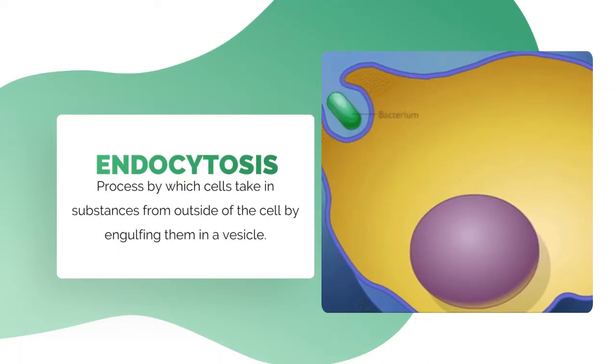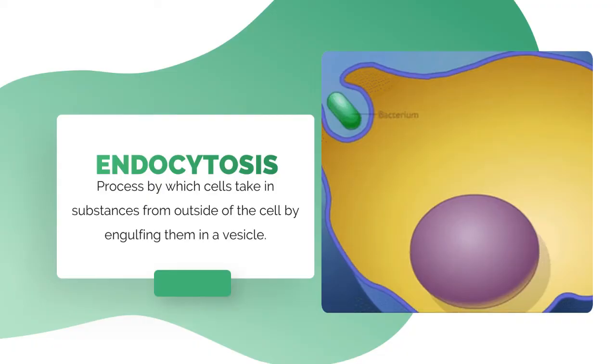So I have here the different categories of what we call vascular or bulk transport. It can be divided into two: endocytosis and exocytosis. Kapag sinabi nating endo, yan po yung nangyayari sa loob ng cell.